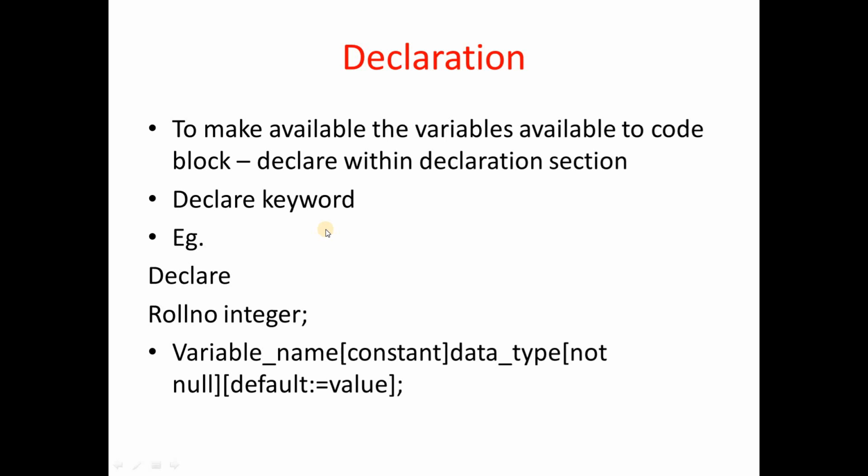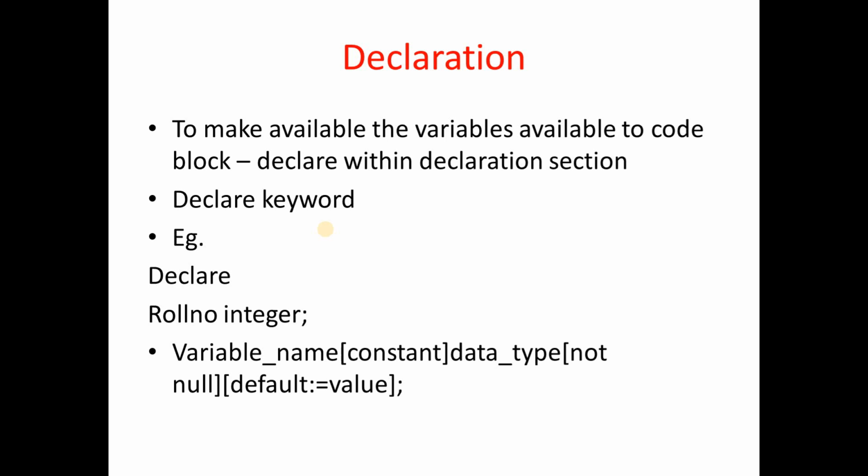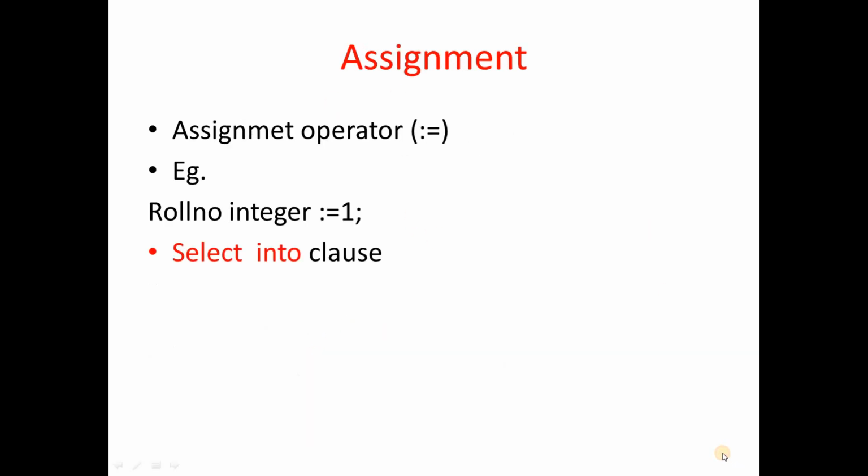If you have to give a compulsory value to that particular field, then you mention not null constant. After that, we provide a default value by using the default keyword and some value. This is the declaration part of that type of variable.